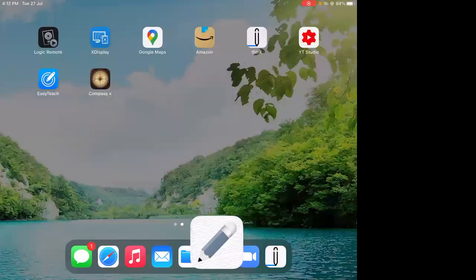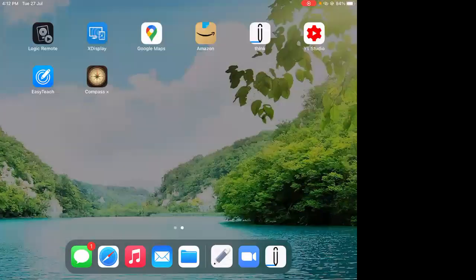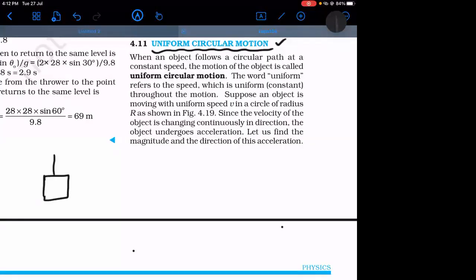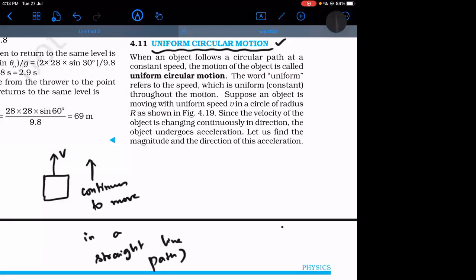Right. Now see, if I have an object which is given a linear velocity v, it continues to move in a straight line path. Accepted?